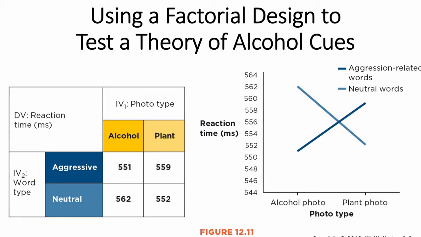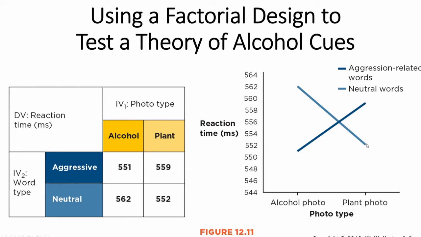When it comes to priming and reaction times, what the researchers are mostly expecting is that you will respond faster when there is a cognitive match between the thing that you were primed with and the thing you're identifying. So the idea here is if you are faster at linking alcohol and aggression-related words, then you cognitively associate alcohol and aggression.